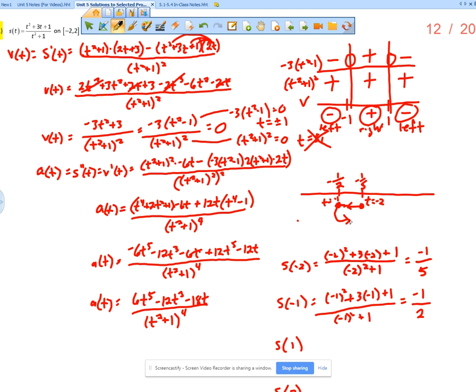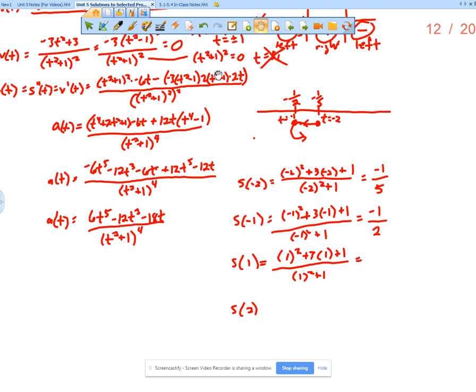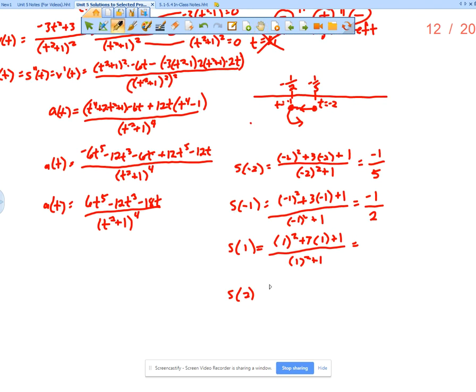All right, now I travel to the right, and I keep going until I get to t equals 1. But how far to the right did I actually get? So now I need to do s of 1. So 1 squared plus 3 times 1 plus 1 over 1 squared plus 1. All right, so 1 squared is 1 plus 3, 4, plus 1 is 5, divided by 1 plus 1, 2, 5/2.